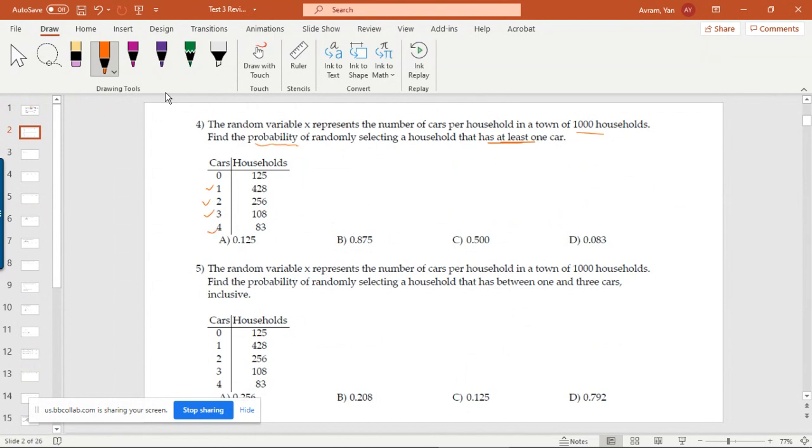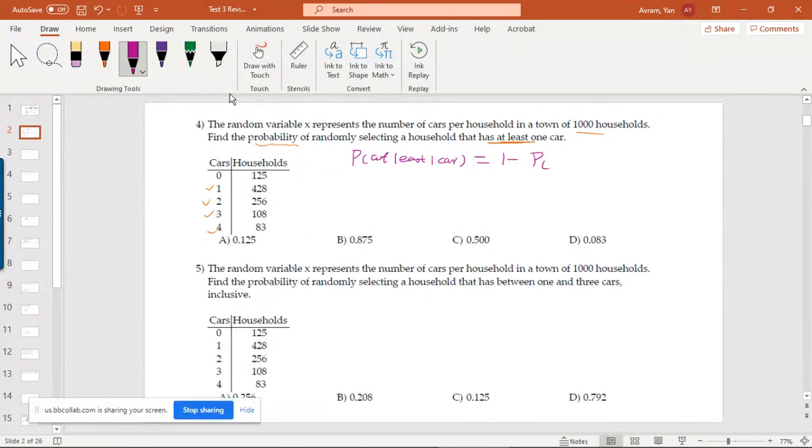You can add all of these together, or you can use the complement or the direct way. I'm going to use the complement, otherwise I would have to add all of this together, which seems like a lot.